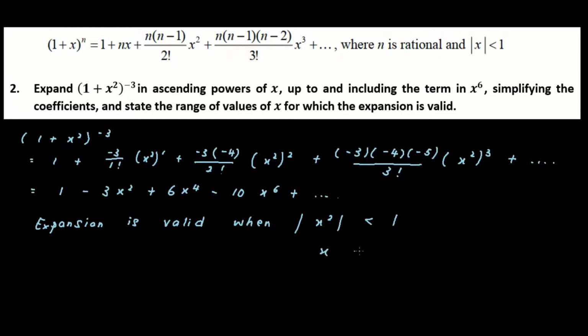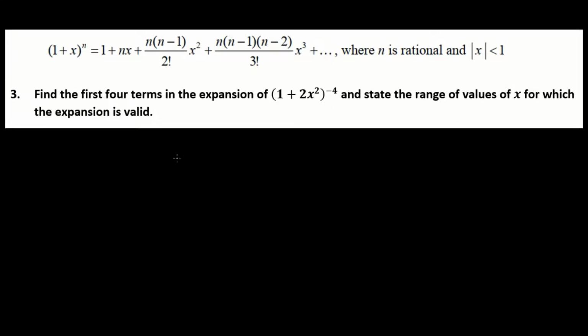So when you continue to solve it, then meaning modulus x is less than 1. So -1 until 1. Okay, so this will be your answer for number 2. Okay, so now let's move on to number 3. Find the first four terms in the expansion of (1 plus 2x) to the power of -4. State the range of x, so they are just asking the same thing.